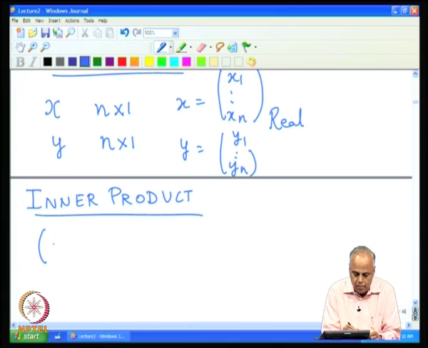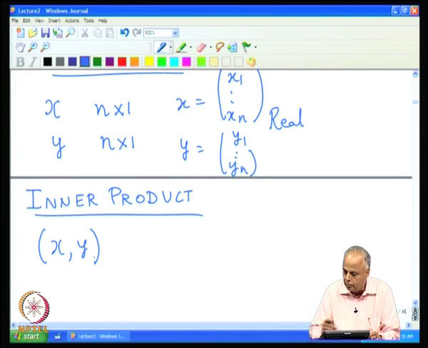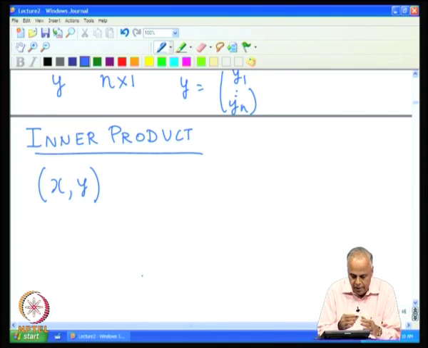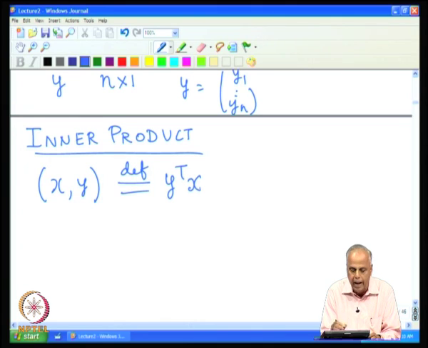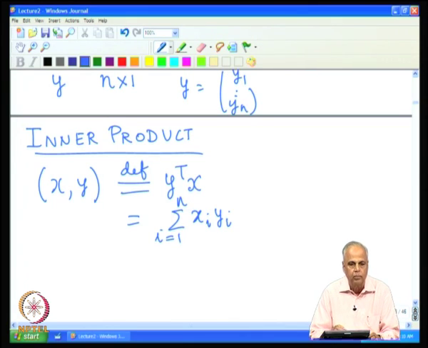We denote it by x comma y with a bracket, and we define it as y transpose x, which is simply summation i equal to 1 to n of xi yi. This is a real number.